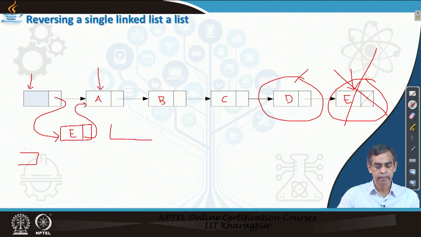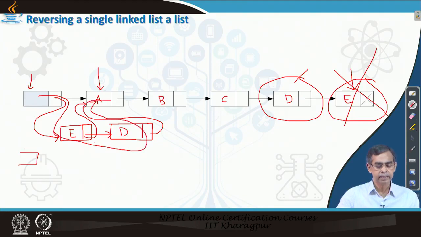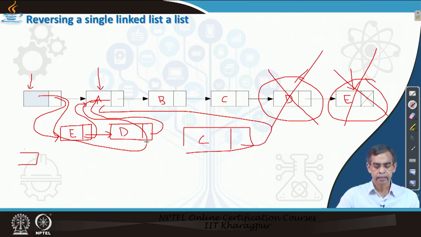So, D, and then we insert this D node just prior to this node. We make this pointer point to this one, and this pointer to this one. This way you can see this is deleted, and if we continue this, then C will be added here, and then finally B.